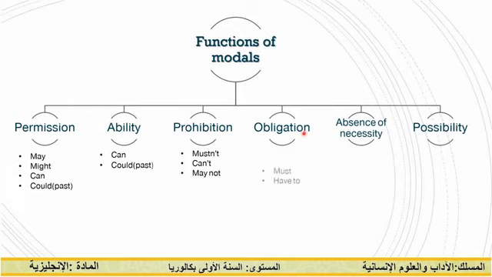So for the modals that we have for obligation, we have two modals. We have must, okay, and we have to, okay? So just one thing I want to talk about is that we said, as we have seen in the previous slide, if we want to put the modal in the negative form, we add not, okay?